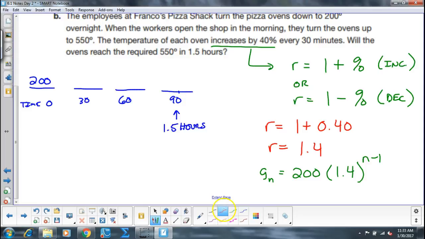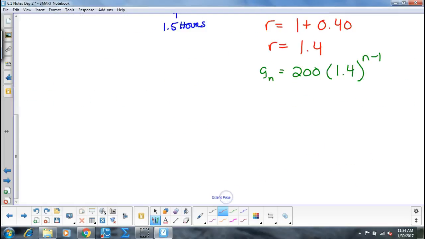N here is 4. So if I put 4 into that equation down there, 200 times 1.4 to the 4 minus 1 power. 4 minus 1 is 3. 1.4 cubed. 1.4, not 1.1.